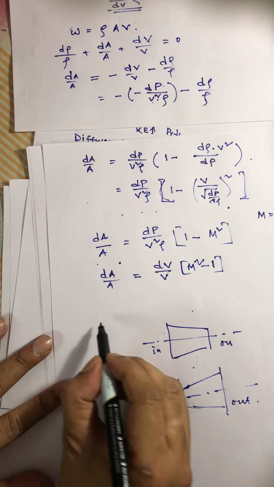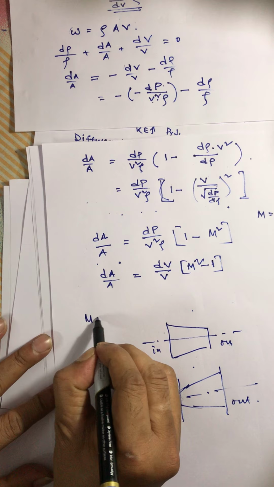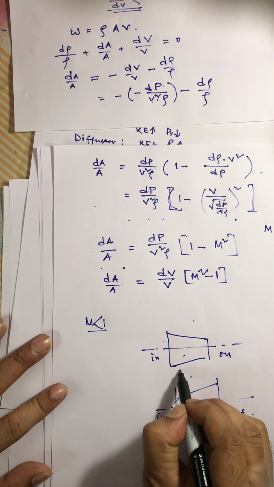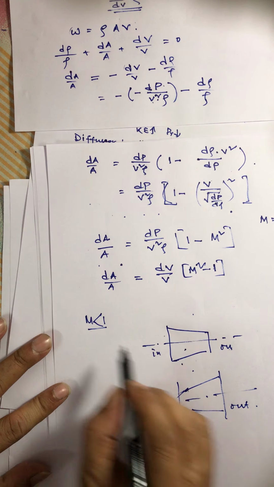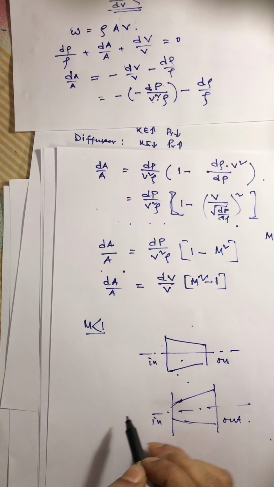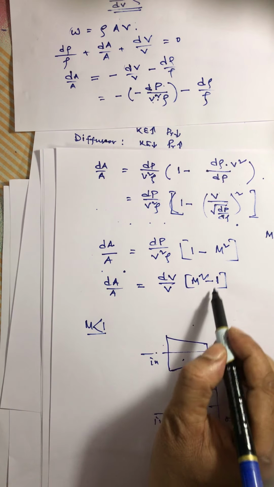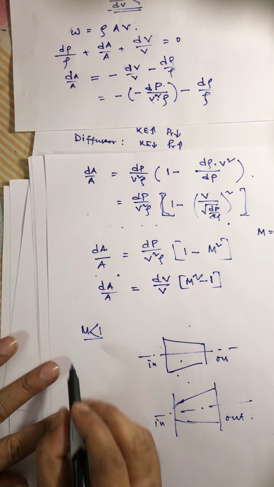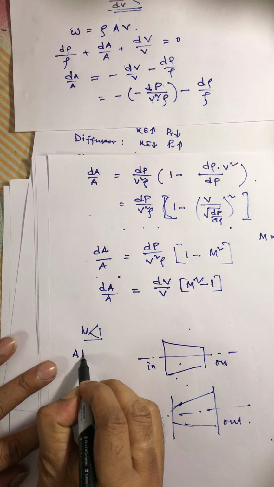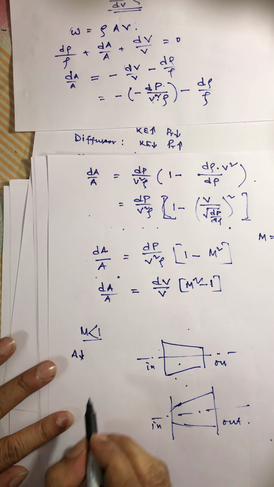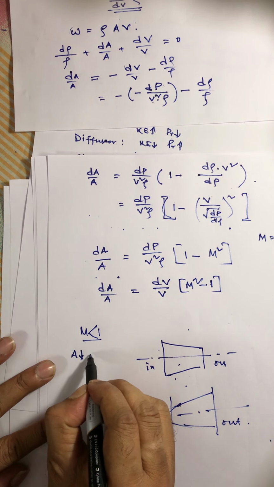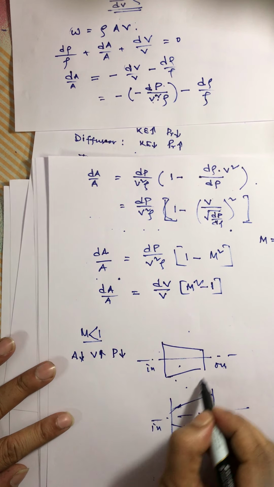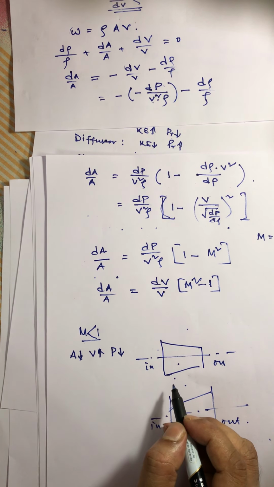When the Mach number M is less than 1, for a convergent passage, this bracket becomes negative. That means A is decreasing, velocity is increasing and pressure is decreasing. So, a convergent passage will act as a nozzle.